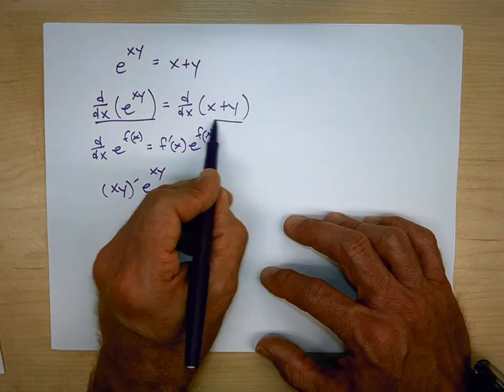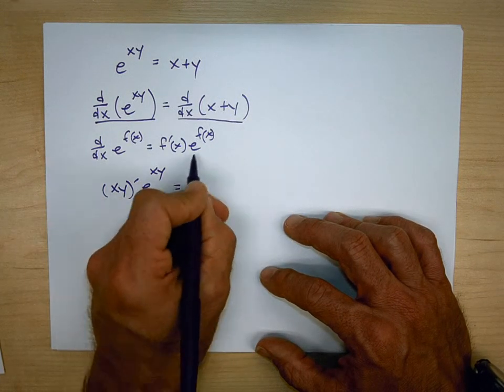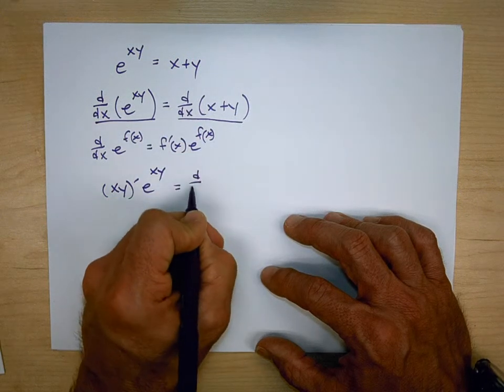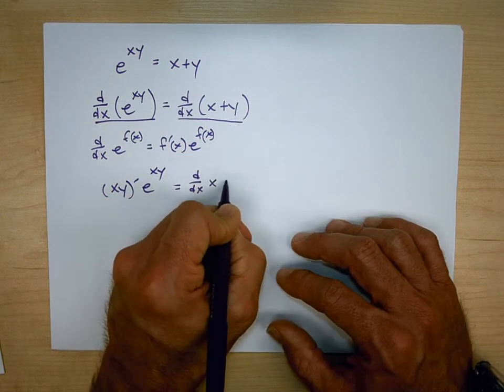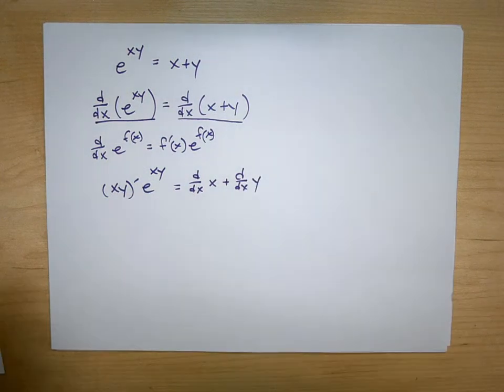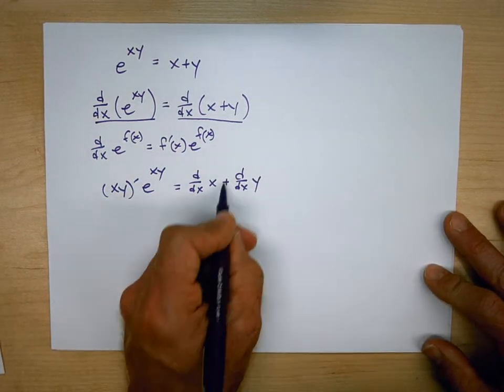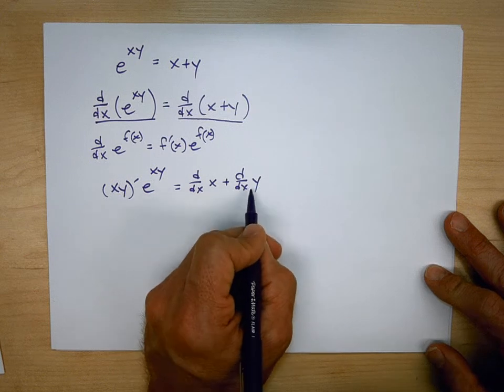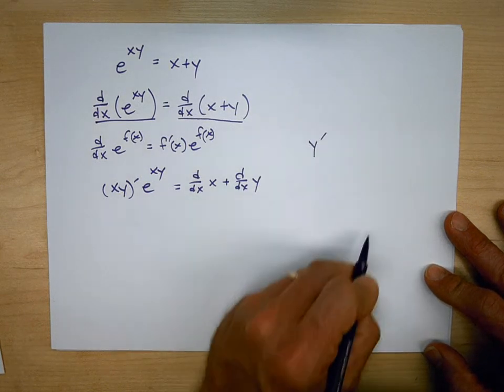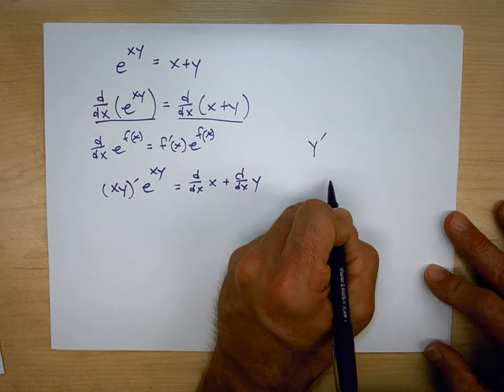On the right side, the derivative of the sum is the sum of the derivatives, so I can rewrite this as the derivative with respect to x of x plus the derivative with respect to x of y. So what about this? Well, one way to think of this is that the derivative with respect to x of y is just going to be y prime. But we can also think about it in terms of the power rule.